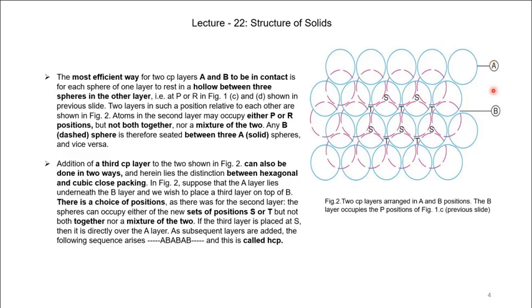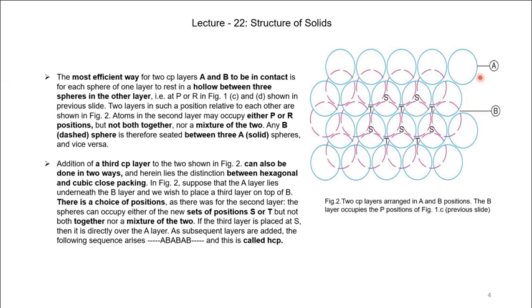Then if we take 3 dimensions, what would be the next layer? If we go on, we will see that we have either S or T voids. If we put another layer of close spheres on one of these voids, there are 2 options: either it is on the first layer, A layer, or another layer, which we discuss in the next type of close packing.